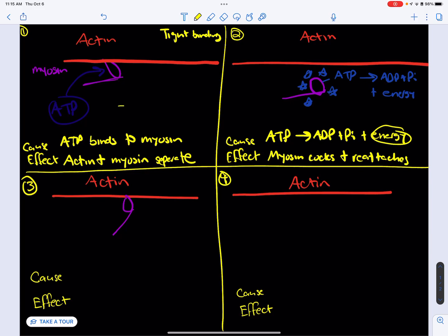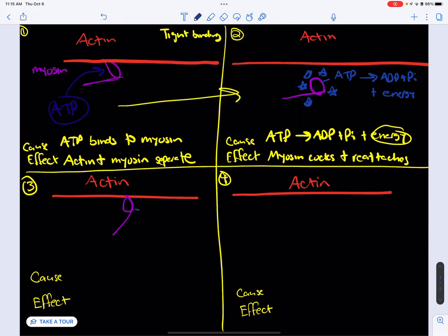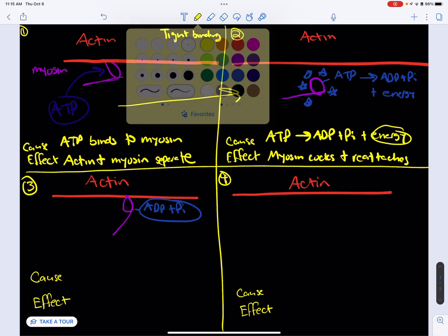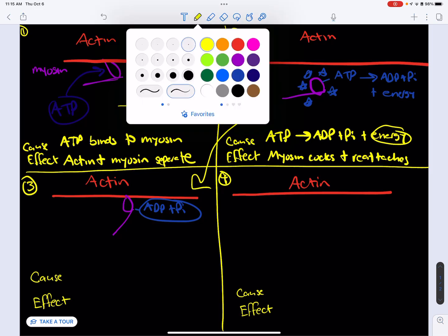We've gone from here to here, and we've also got to be sure that we've got ADP plus phosphate attached here. Then we go from here down to here. I know this looks a little messy.